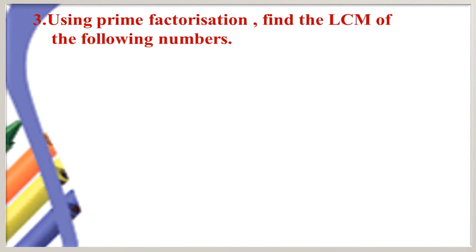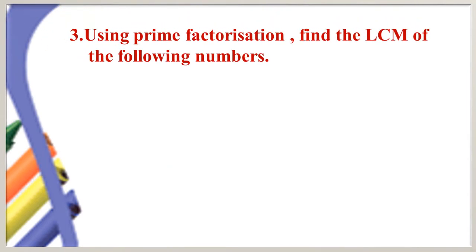Next, the third problem. Using prime factorization, find the LCM of the following numbers. The given numbers are 120 and 250. Now let us take 120 as a dividend. Let us find the divisor.